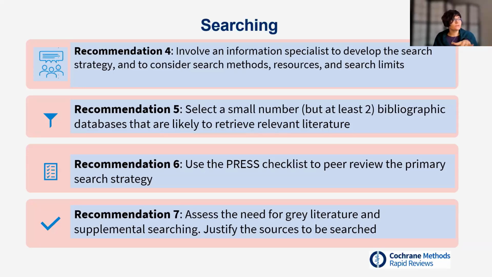I will not go into these recommendations in more detail because all of these topics are also covered by the more detailed search guidance I will talk about in a moment.